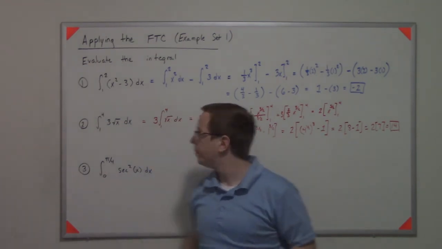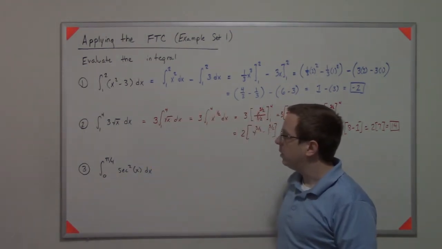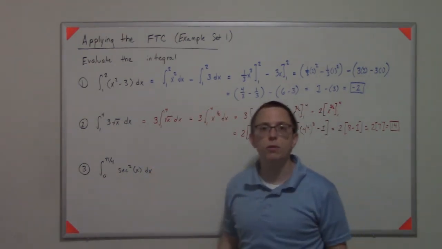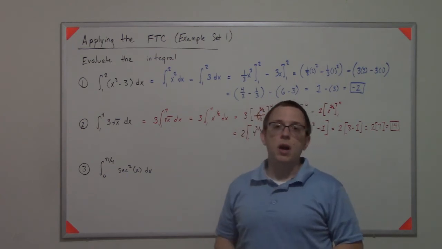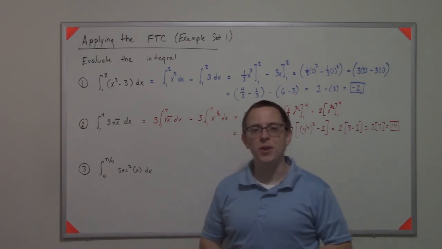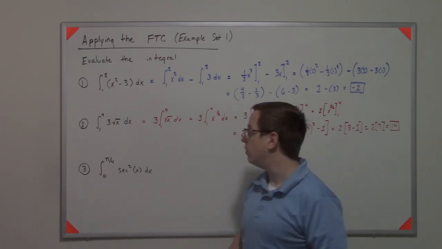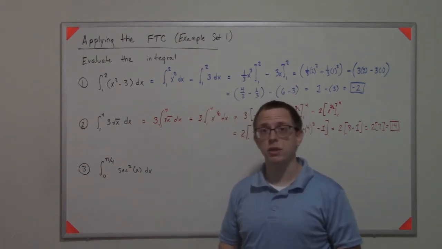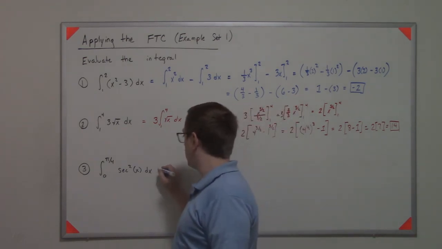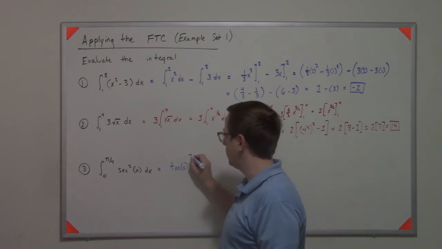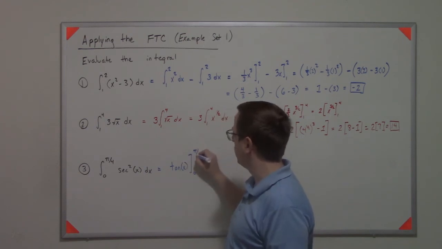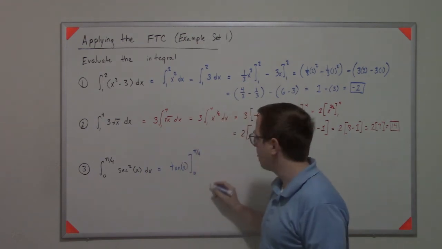And finally, we have the integral from 0 to pi over 4 of secant squared x dx. Now you may not be super familiar with your antiderivatives yet, but the antiderivative of secant squared x is tangent of x. So in this case, we end up with tangent of x from 0 to pi over 4.